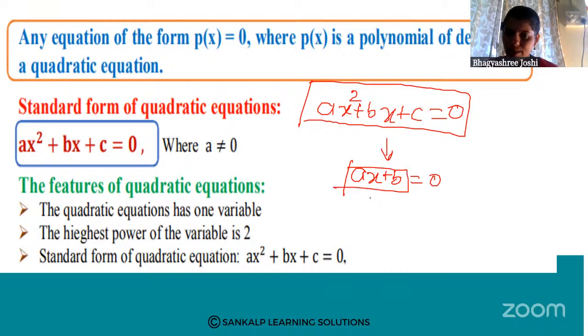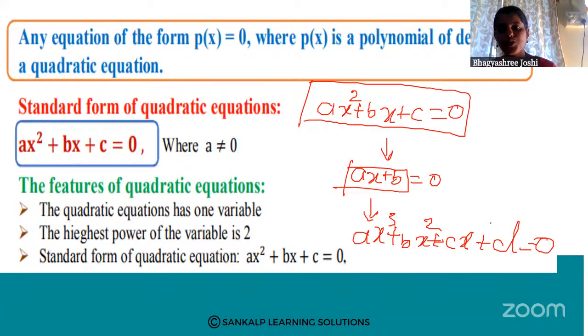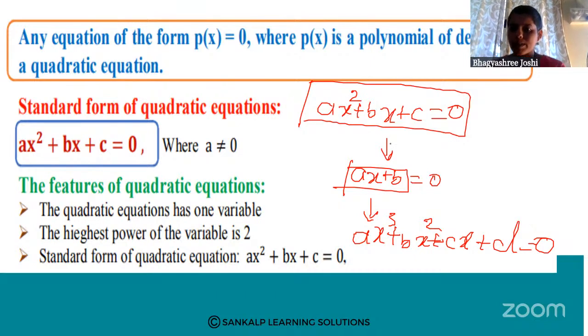For cubic equation, it is ax cube plus bx square plus cx plus d equal to 0. This is the general form of cubic equation. In the standard form of quadratic equation, ax square plus bx plus c equal to 0, a is not equal to 0. If a becomes 0, what will happen? 0 into x square is 0 only.